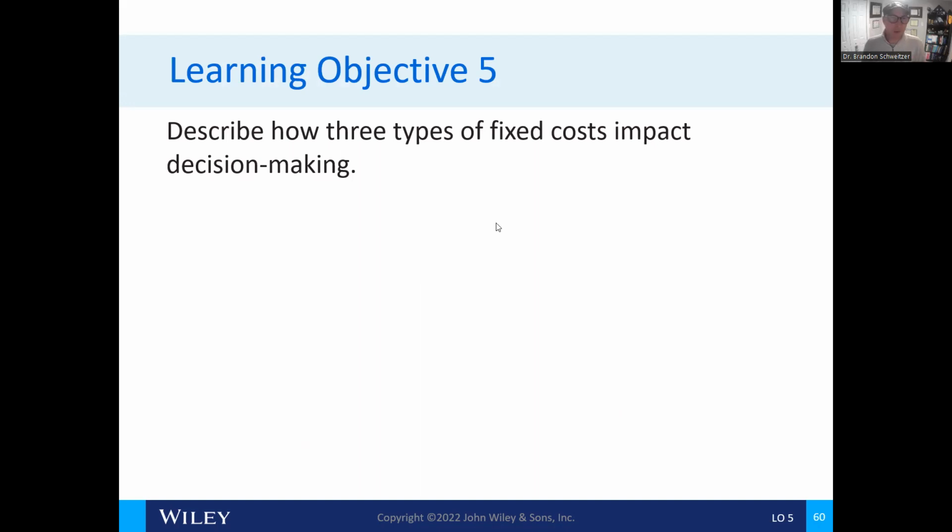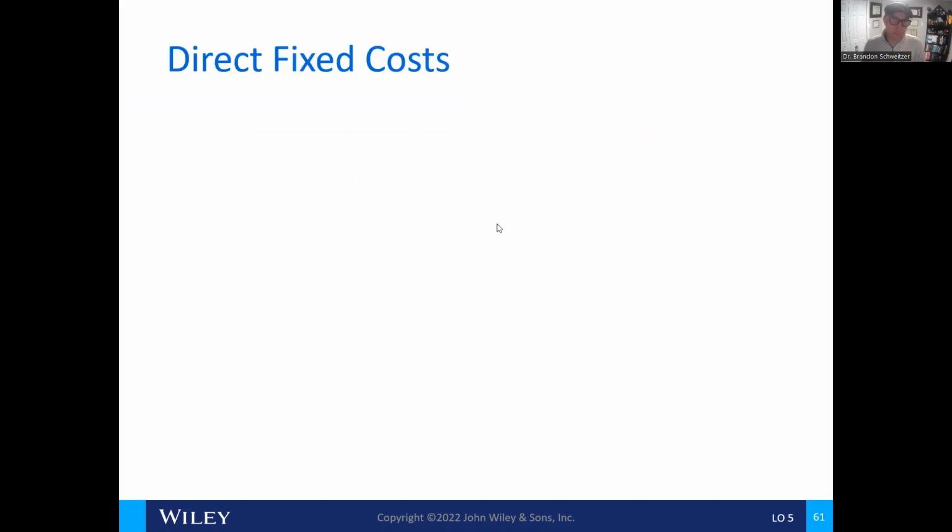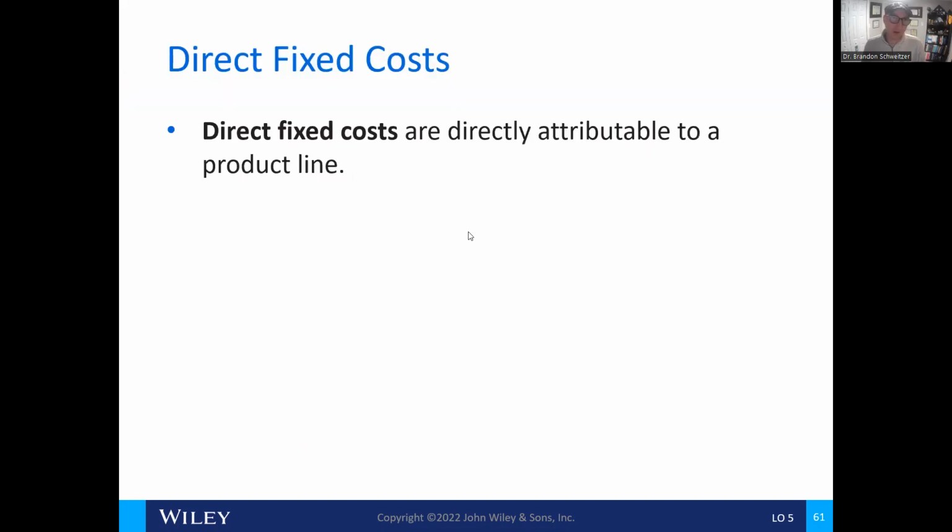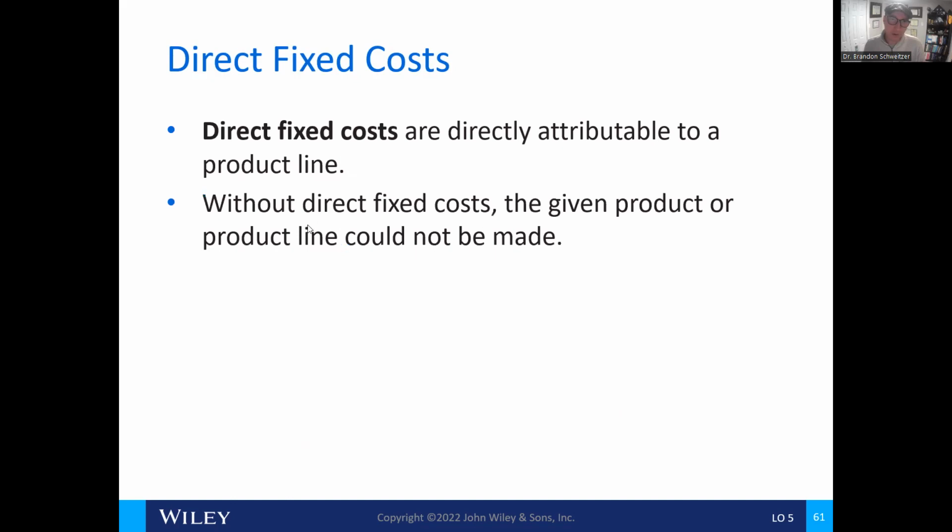How are fixed costs impacting decision making? We have direct fixed costs, as you know. This would include direct materials. Direct fixed costs that are directly attributed to the product line.